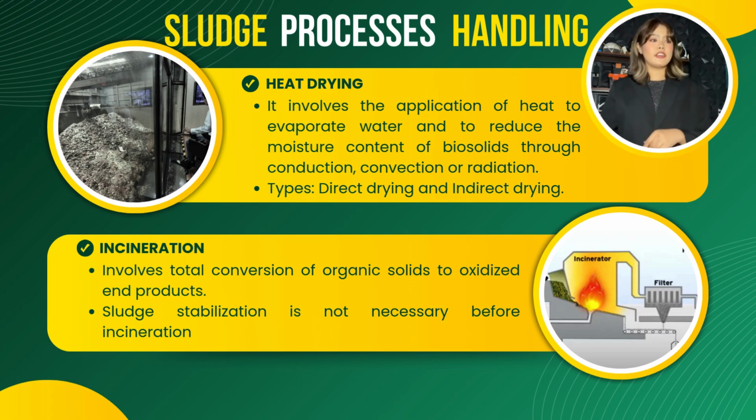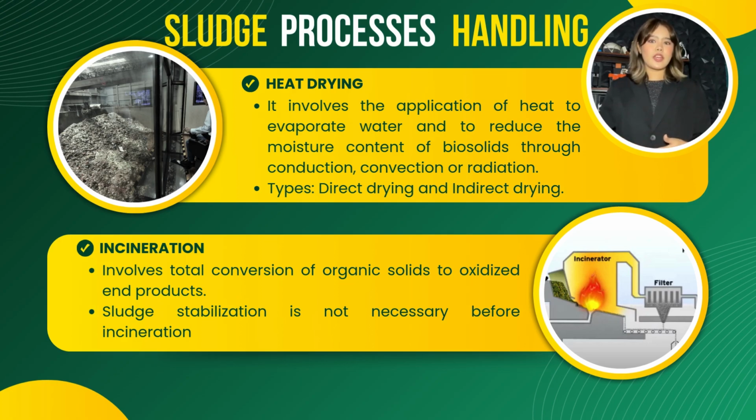Heat drying. It involves the application of heat to evaporate water and to reduce the moisture content of biosolids through conduction, convection, and radiation. There are two types of heat drying, which are direct drying and indirect drying. For direct drying, wastewater comes into contact with hot gases that cause evaporation of moisture.